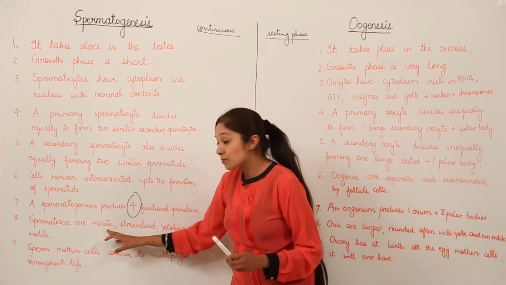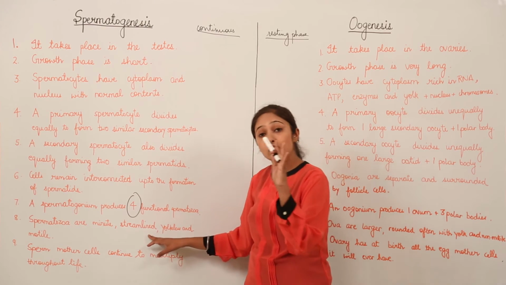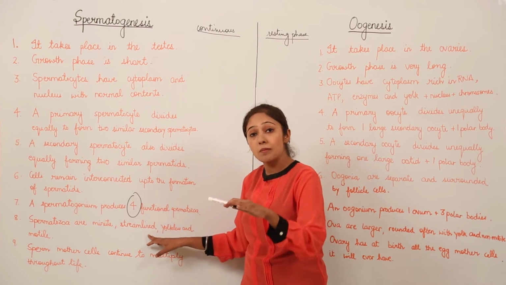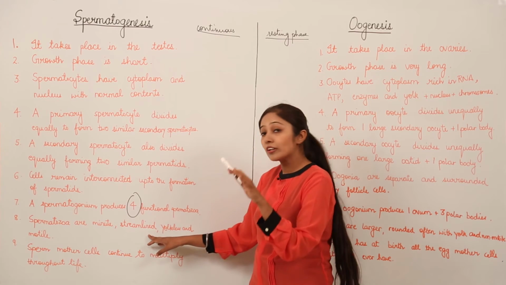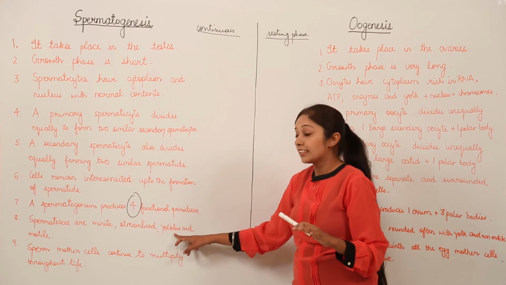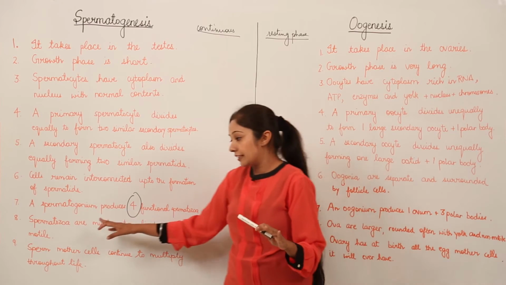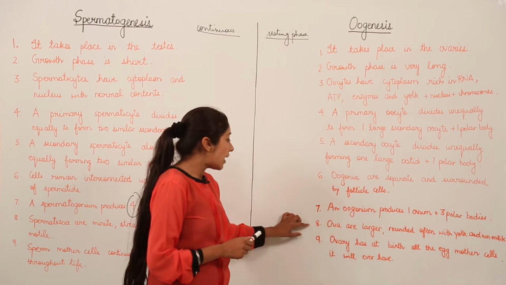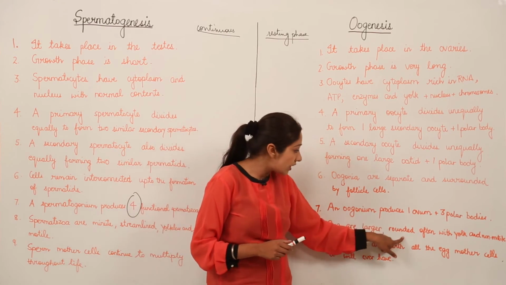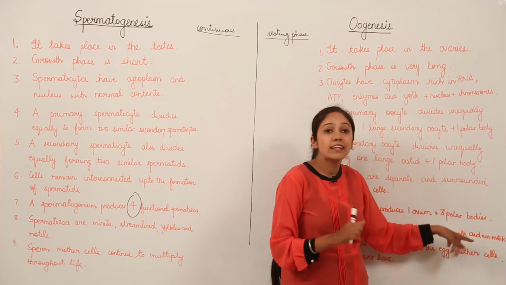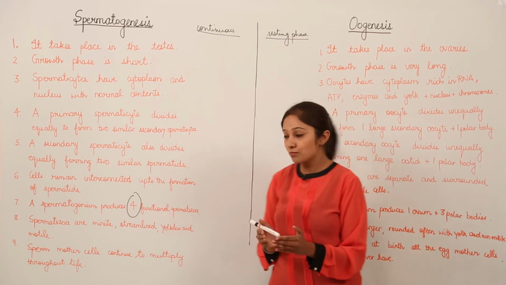They are minute, smaller in size, and streamlined because they have to swim and reach the egg. They don't have any yolk. But ova are larger in size, rounded, and often have yolk, and they are non-motile, they cannot move.